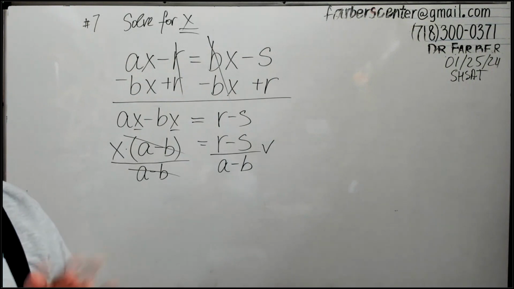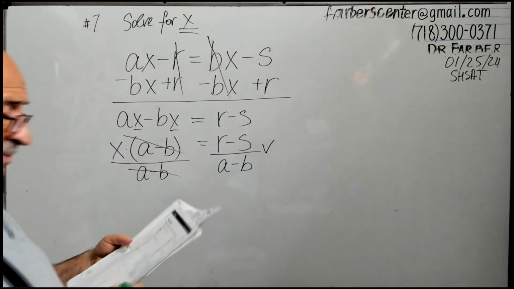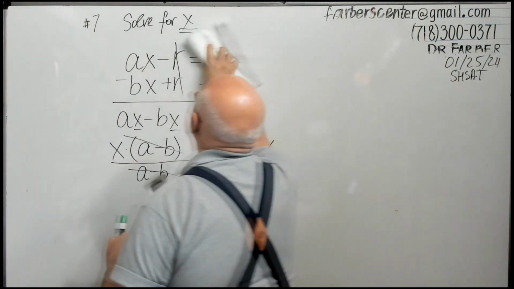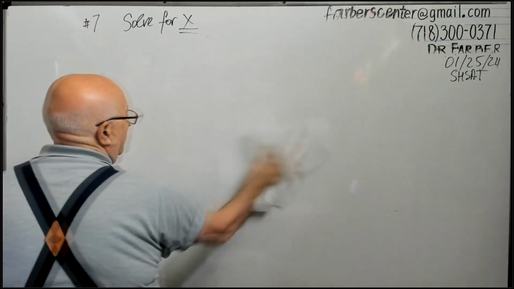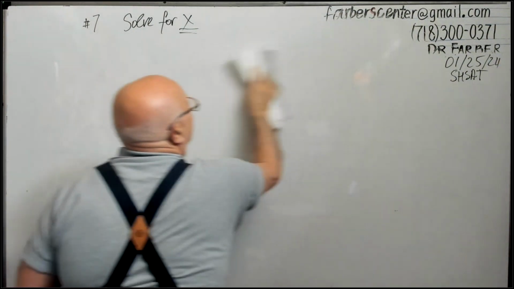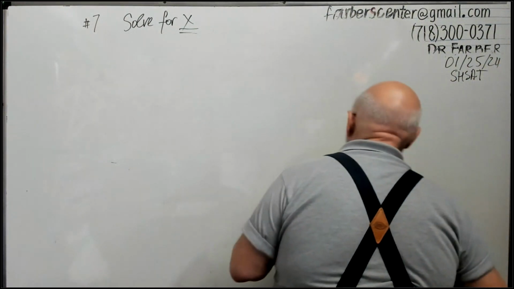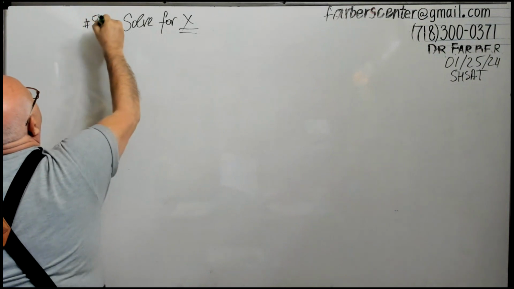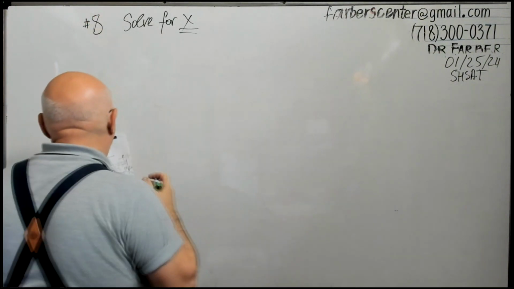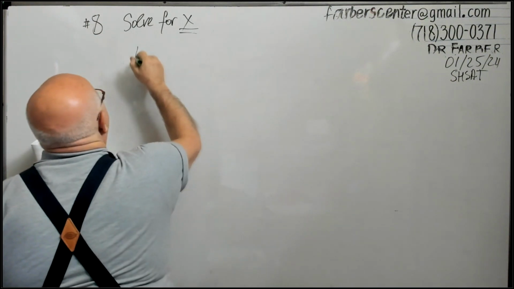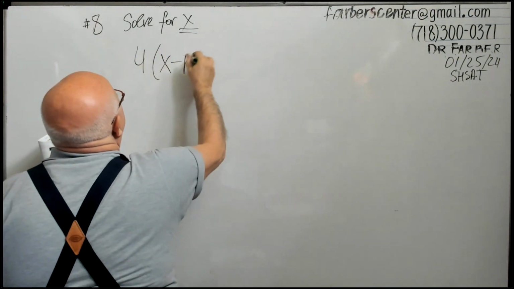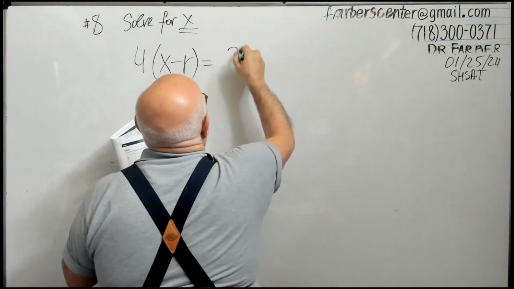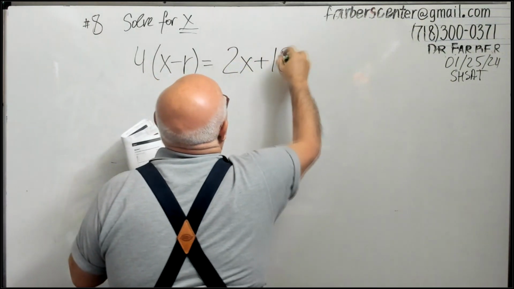For instance, problem number 8. Four times x minus r equals 2x plus 10r. Good luck.